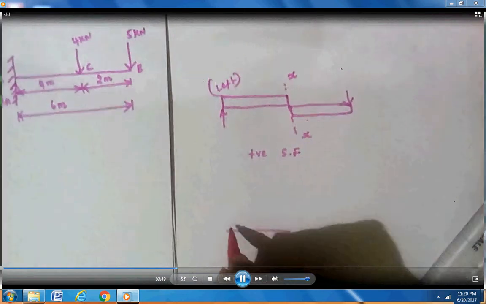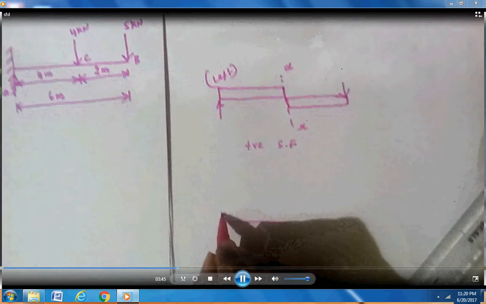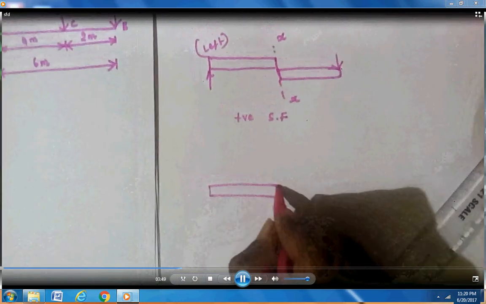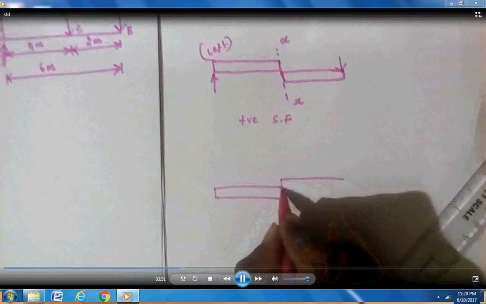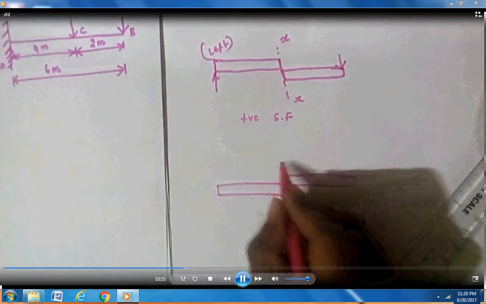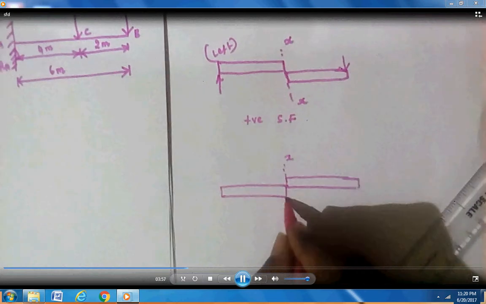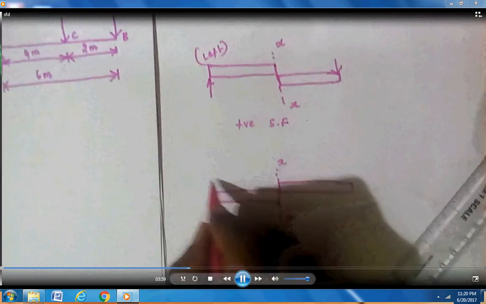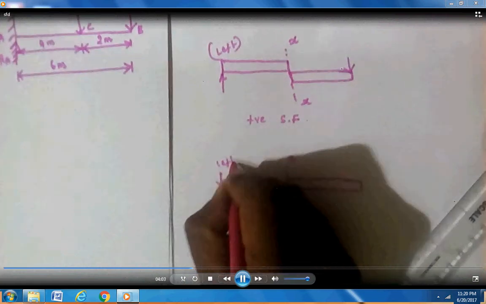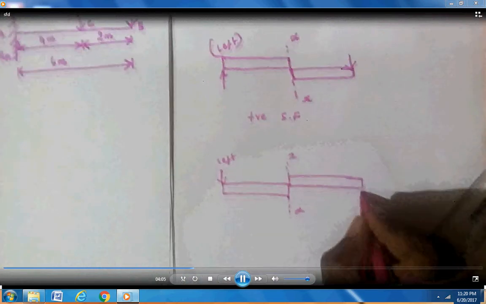Then if the left side of the section of the beam is lower than the right side, the section is HH, here on the left side we need a downward force because the portion is lower.